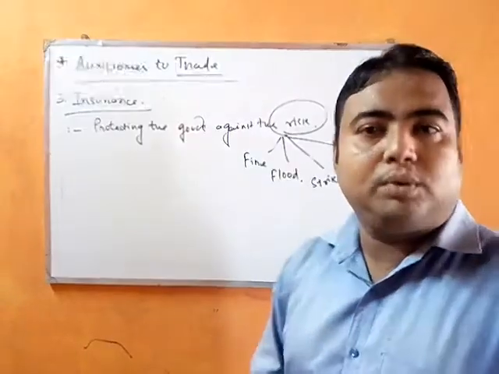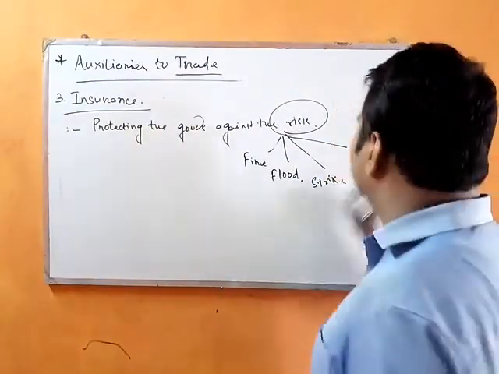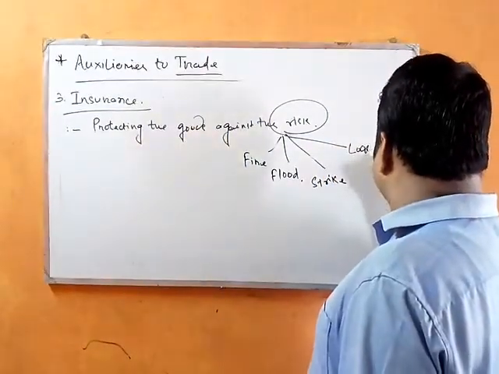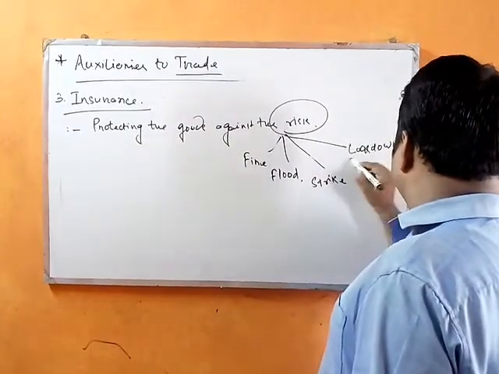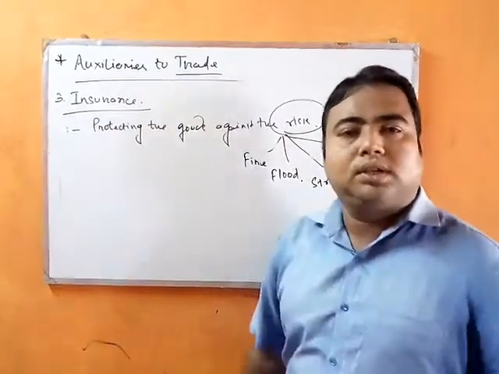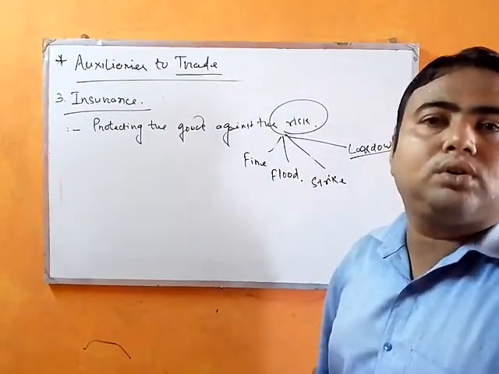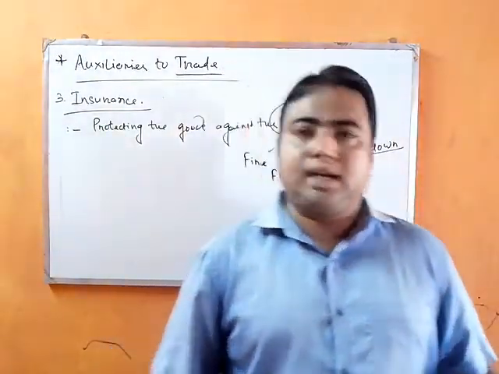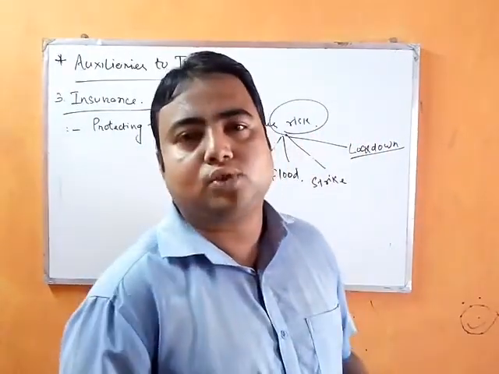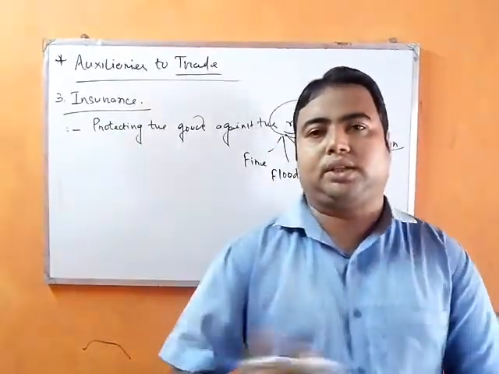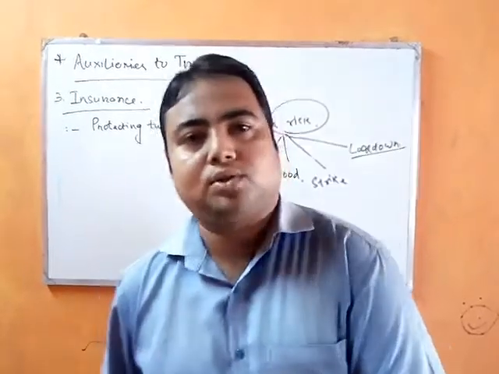Today's scenario will be the best example. When there is lockdown, again there will be huge loss to the business, because you can see right now what is going on with the retail shops as well as the wholesaler shops. 3 days opening, 4 days closing, 4 days opening, 3 days closing, 5 days opening, 5 days closing.